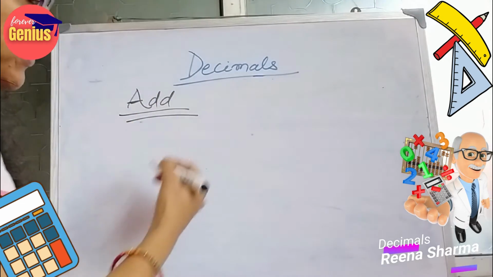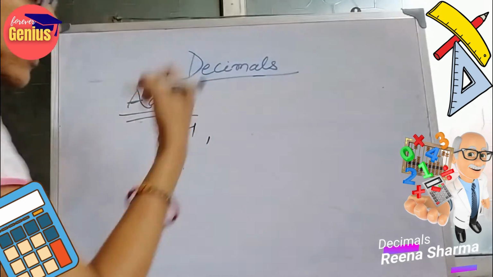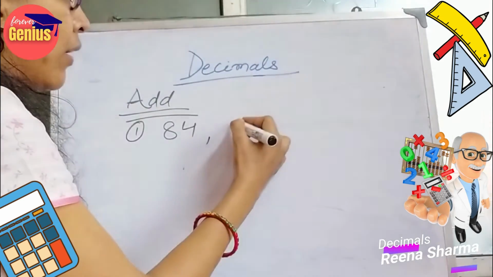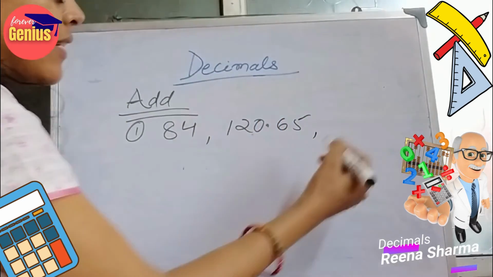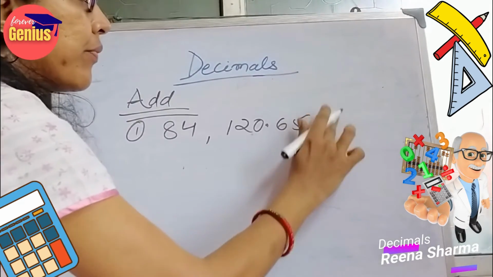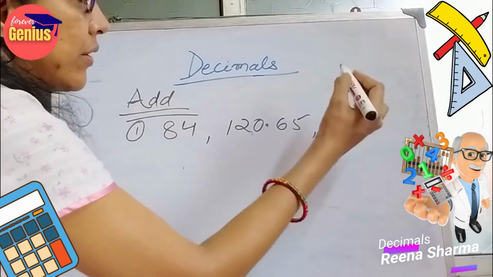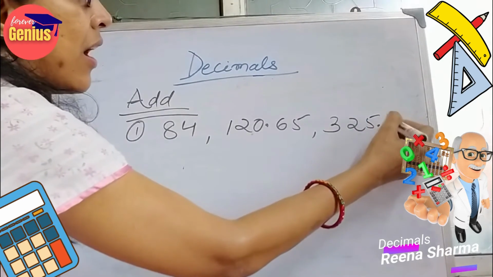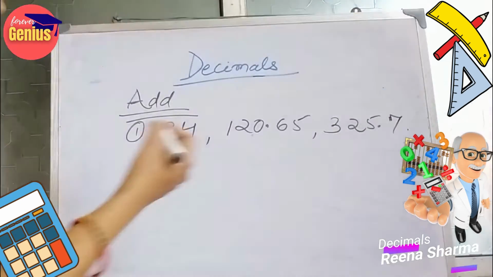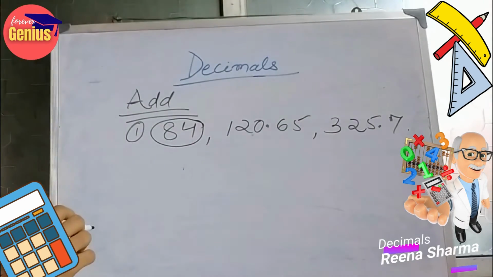If a number is given to you, suppose 84, then 120.65 and let's take a bigger number, 325.7. What children do? They get confused where to write this 84.